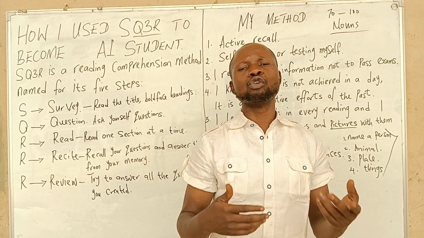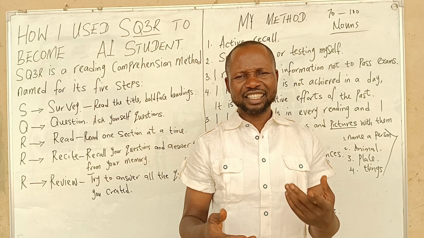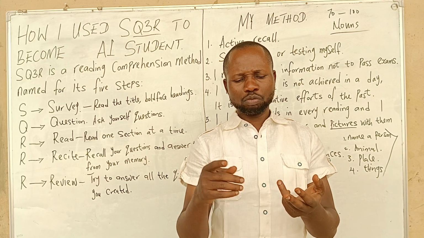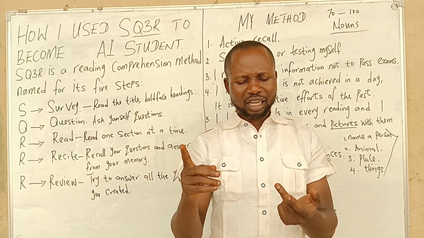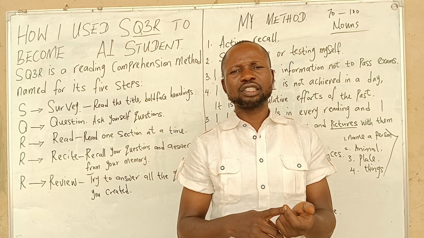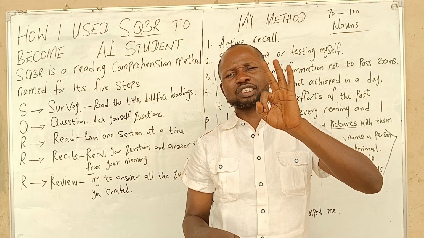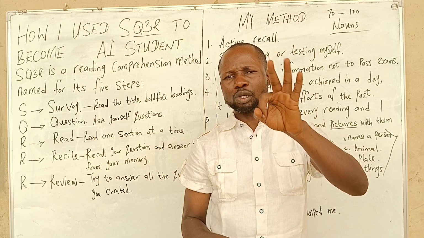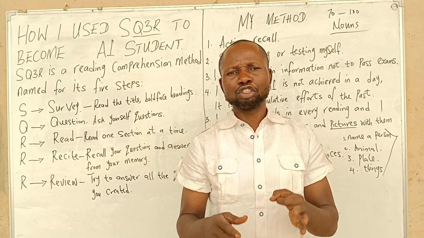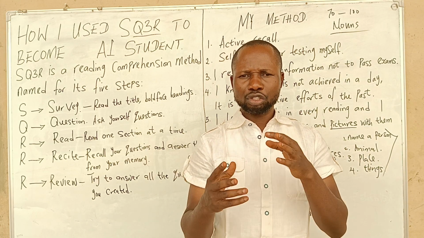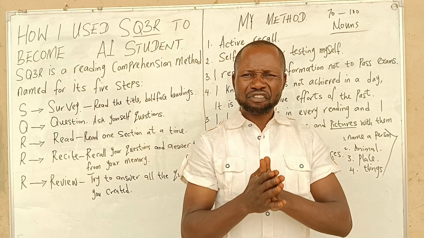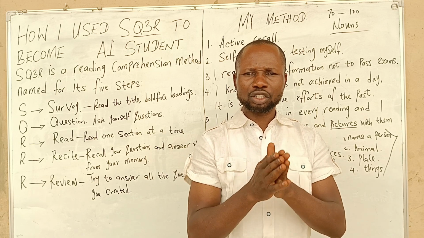The domains in learning. We have psychomotor domain, affective domain, and cognitive domain. So you should know the one that works for you and the one you belong to. By so doing, you will be a good student and have A1 and become an A1 student.